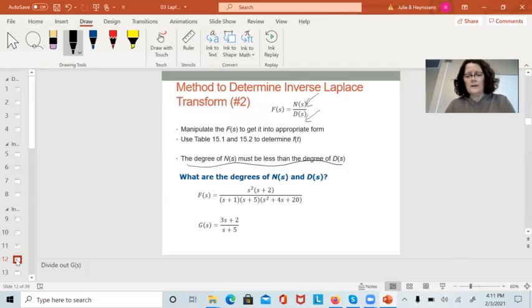So in the numerator here, the highest power of s I get is s cubed, so it has a degree of 3. And the denominator, when I multiply it out, I'm going to have an s to the 4th term in there. So this has a degree of 4. The numerator's degree is less than the denominator's. I can find the inverse Laplace transform.